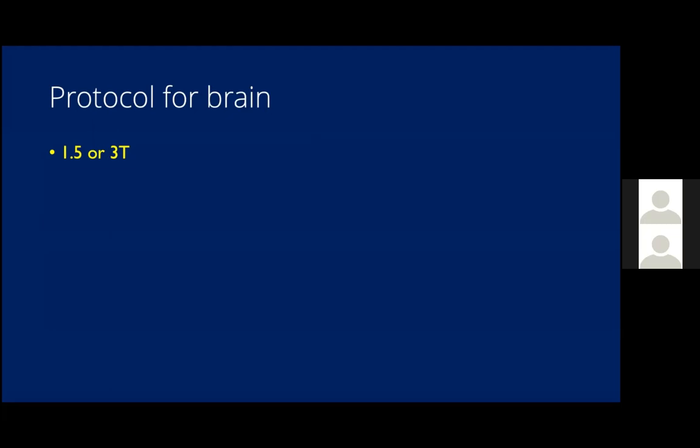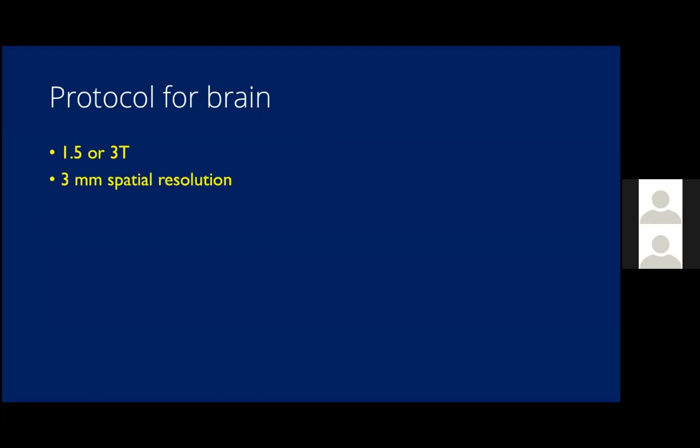The recommendation and guidelines are basically 1.5 Tesla or higher field strength, because when we go down in field strength, the spatial resolution decreases and the conspicuity of the lesions also decreases. So many lesions may be missed when we scan on 0.3 or 0.5 Tesla.